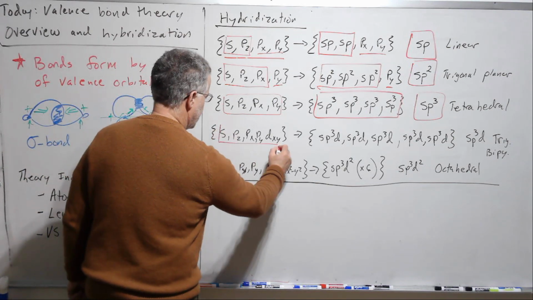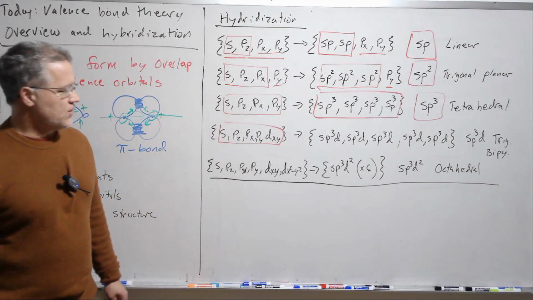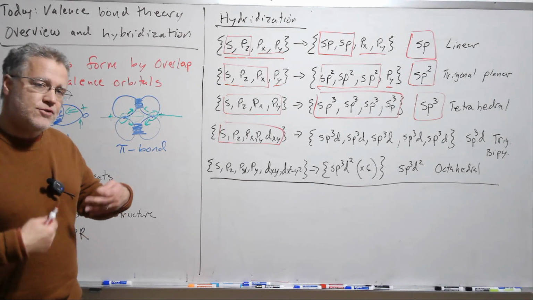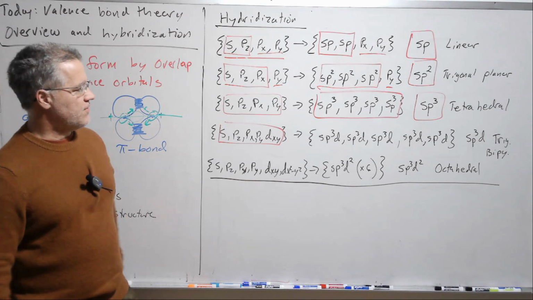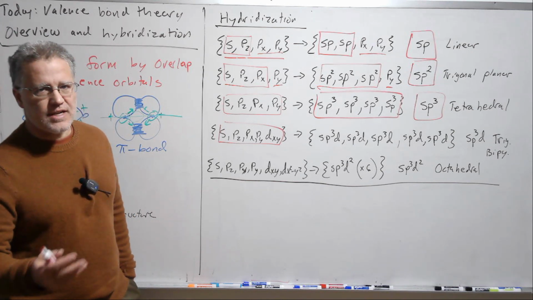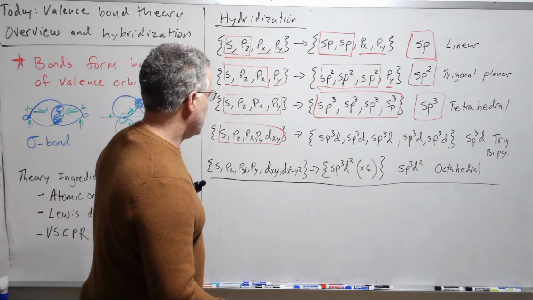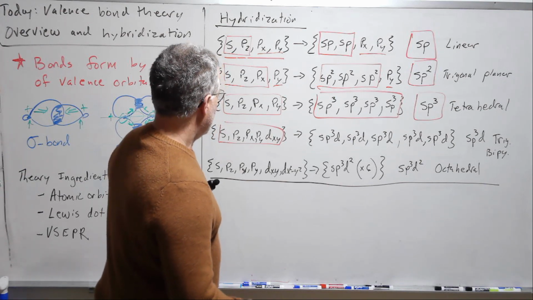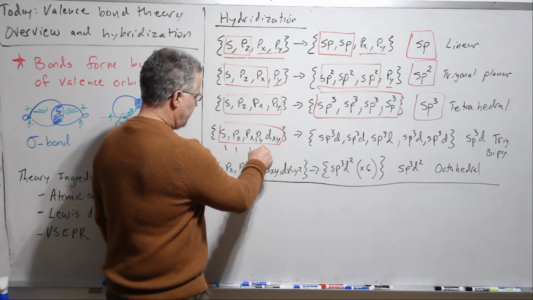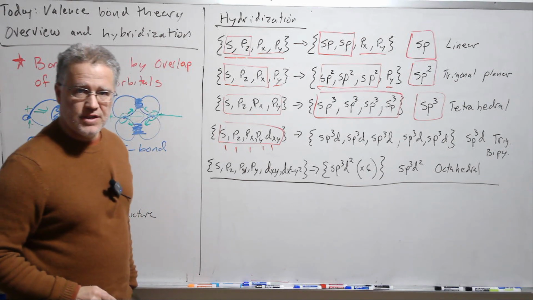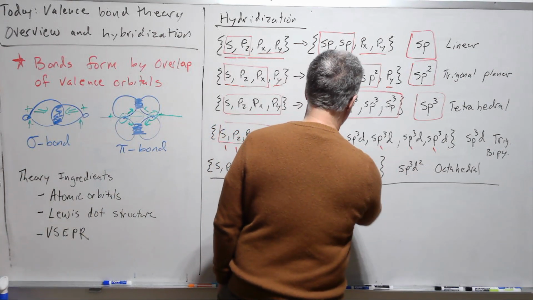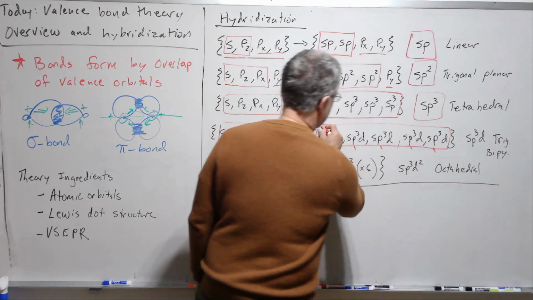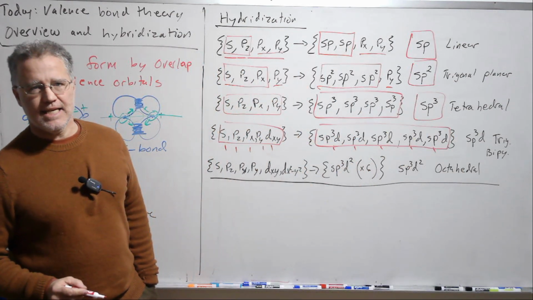All right, well, let's see where we get these. We get s, all of the p's, and I'm choosing here now the dxy. Again, different authors might choose different things, and it doesn't much matter. So there's 1, 2, 3, 4, 5 orbitals. So we get 5 identical orbitals, and these are all named sp3d.